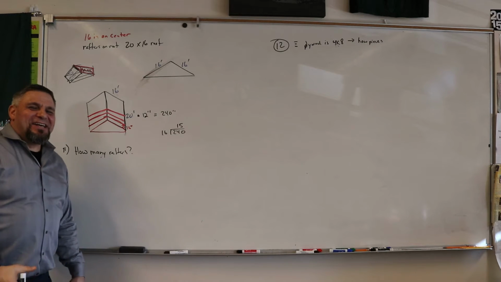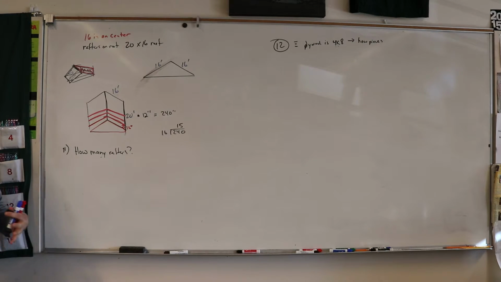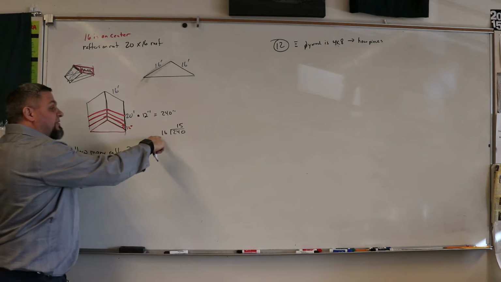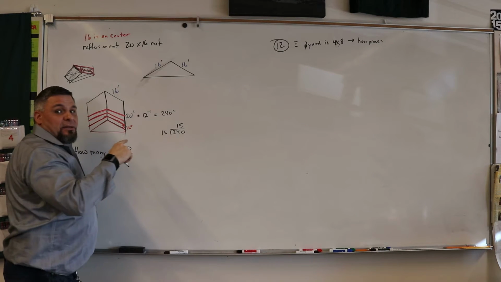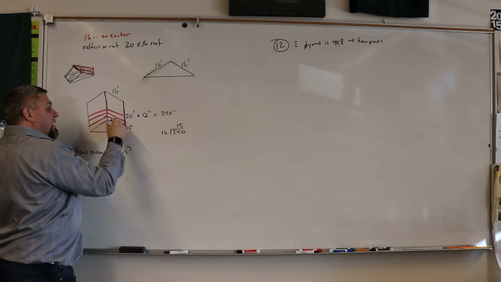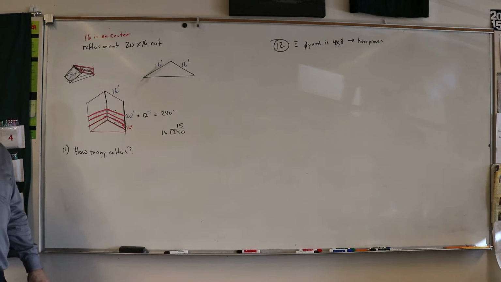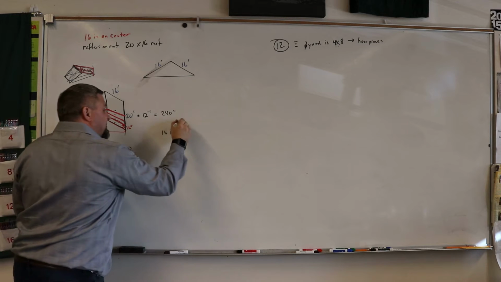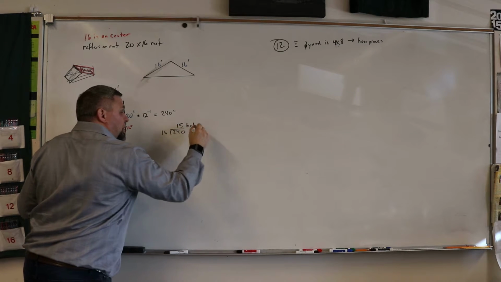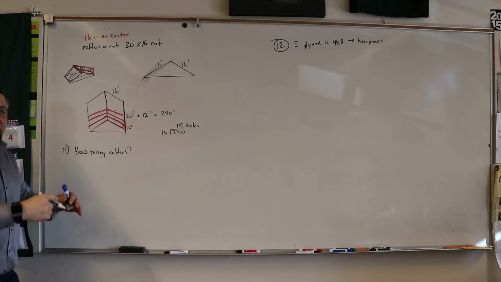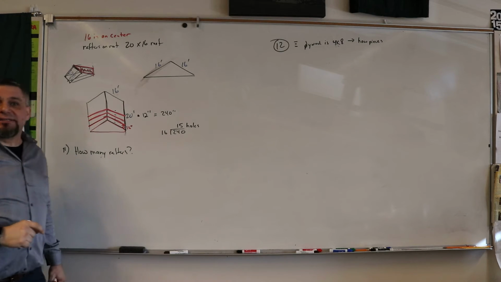This is that stud in the wall problem. Remember, when we divide it by 16, what we're doing is figuring out how many holes that we have. So we have 15 holes, right? 15 16-inch pieces.